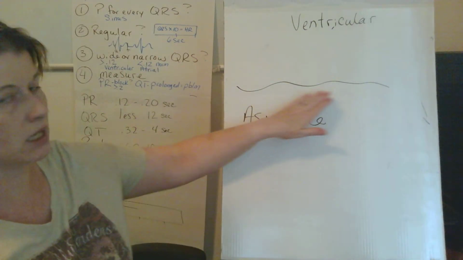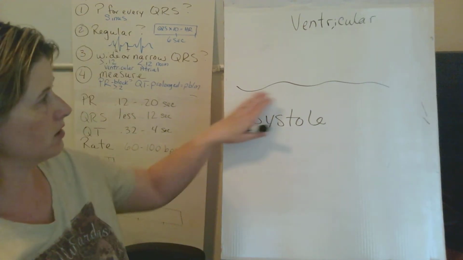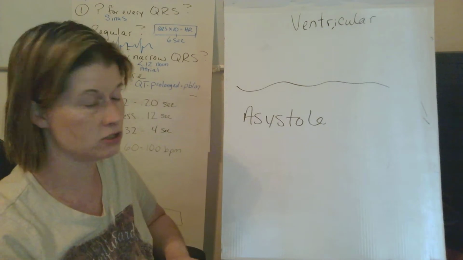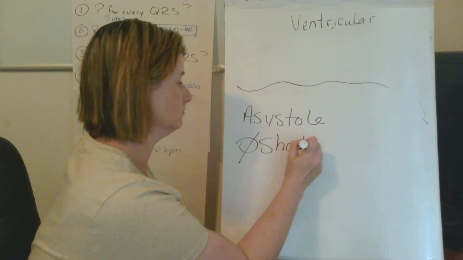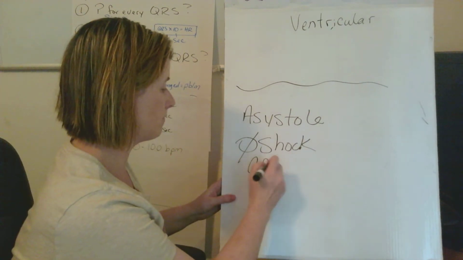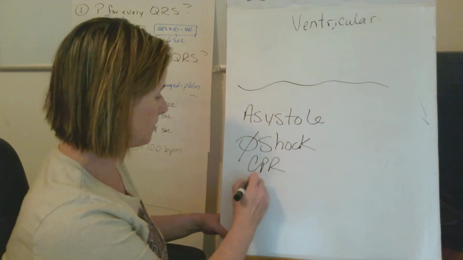There is usually a little bit of something electrical that we pick up, but it just looks like this, okay? And that's asystole. It is not a shockable rhythm. No shock. Okay? But we do CPR, and we also give epinephrine.